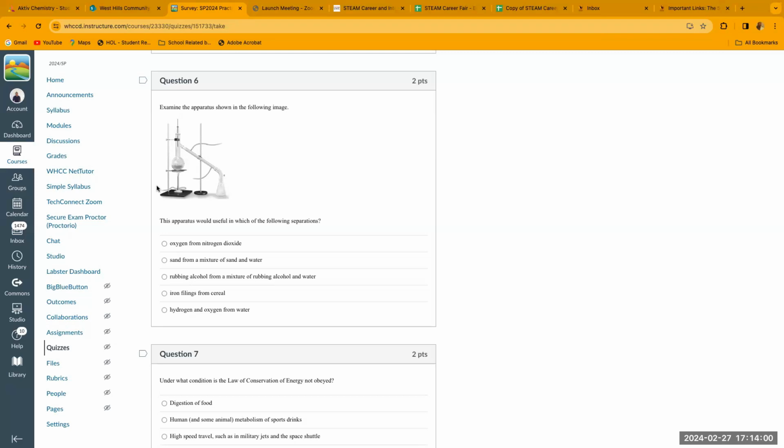E, rubbing alcohol from a mixture of rubbing alcohol and water. F, iron filings from cereal. D, iron filings from cereal. And E, hydrogen and oxygen from water.